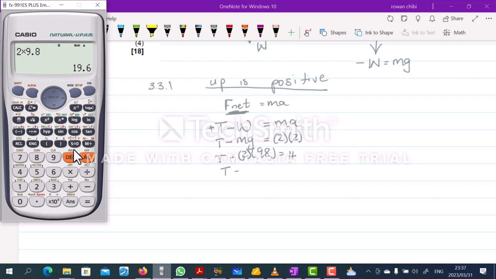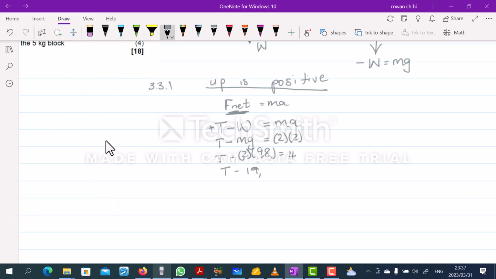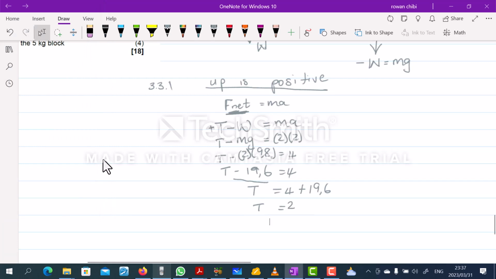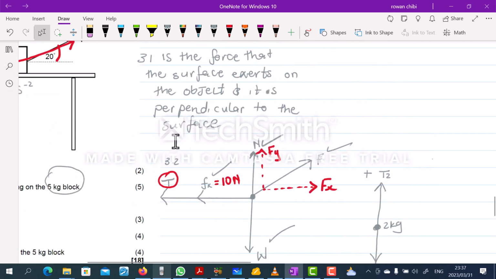So 19,6 equals 4. Then we take this value, put it on the right. So you have 4 plus 19,6. Punch on the calculator. 4 plus 19,6 is 23,6. So the tension is 23,6 newtons. Now this tension is going which direction? It's going upwards. So that is the tension for the 2 kg block.